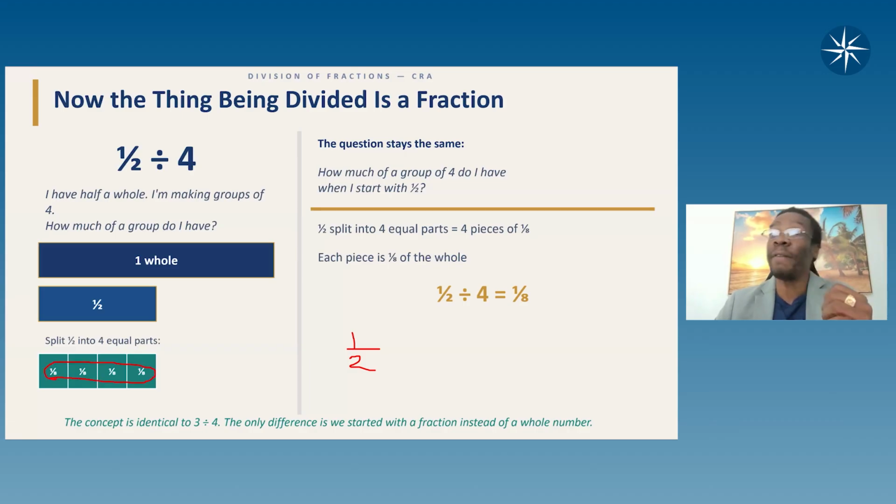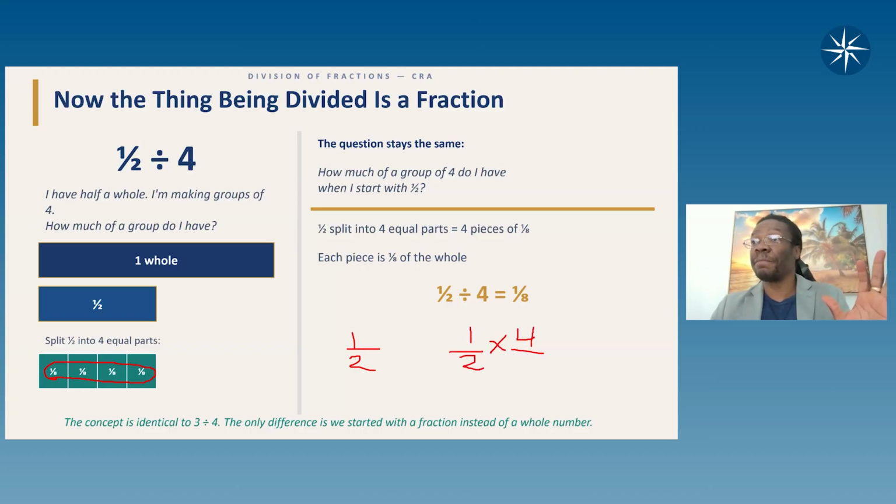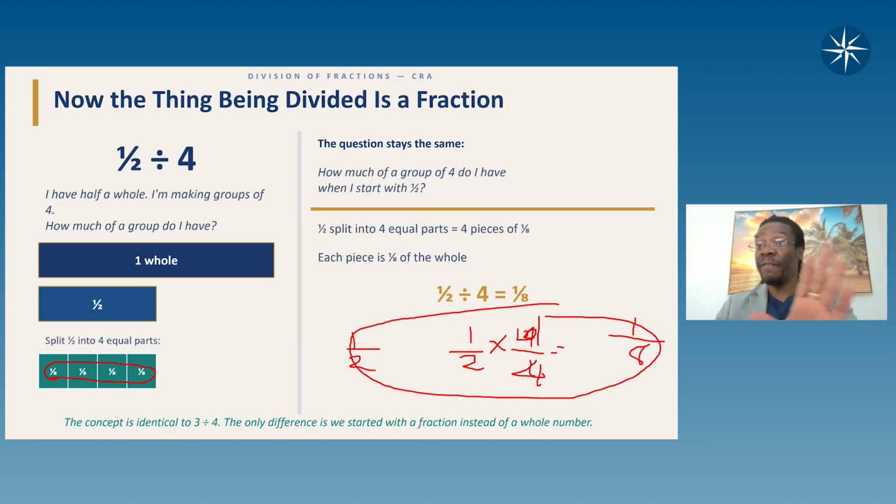Notice we have not said anything about change, keep, flip yet. Naturally we will tell them change, keep, flip, and they will end up with 1/8. That's usually the standard algorithm, but we have not said that yet.